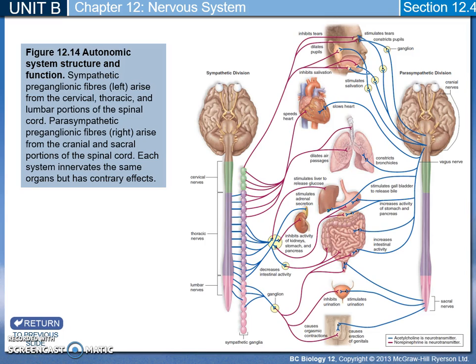The one thing that I would like to point out with this diagram is what runs pretty much all the way down beside the spinal cord: we have these sympathetic ganglia. And again, ganglia, think cell bodies. This is where the autonomic nerve cells actually are.